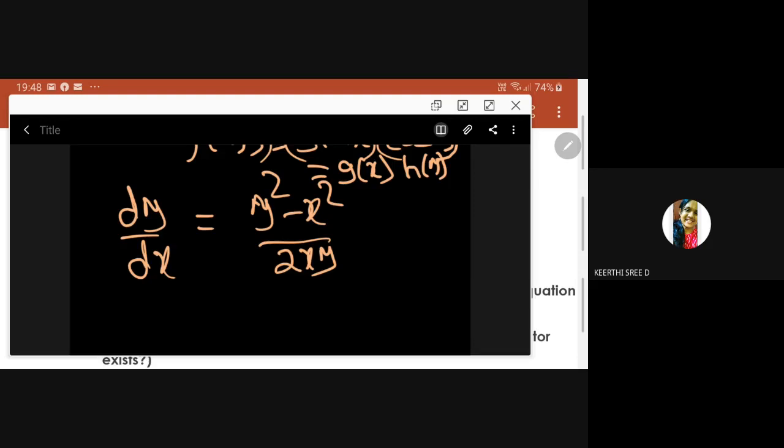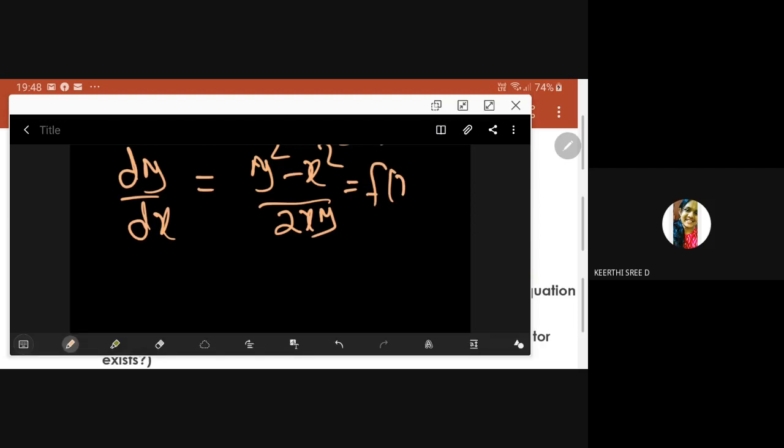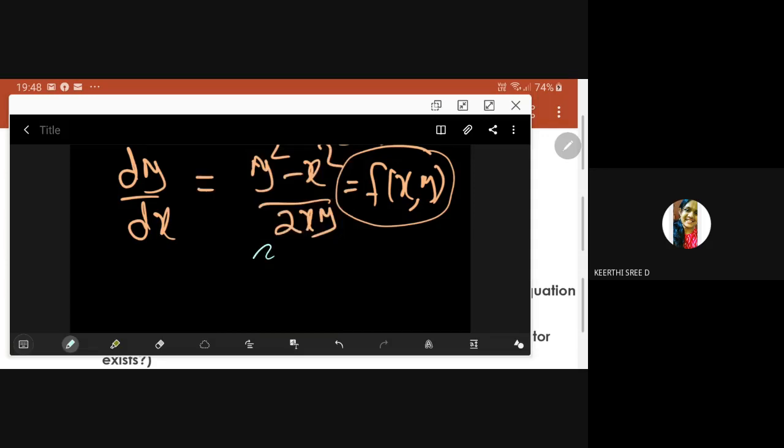On the other hand, there is a kind of flexibility here. Actually this is our f of x y, but this can be viewed in a different way. How can this be viewed? You rewrite again: y square by 2xy minus x square by 2xy.